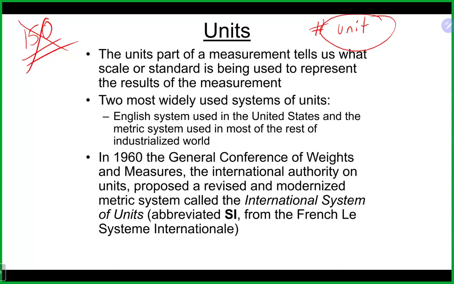And in 1960, there was a convention on weights and measures. Sounds like fun. Basically, what came out of that conference was this idea that, as the world's getting smaller, people are obviously doing business with each other and communicating from different countries.